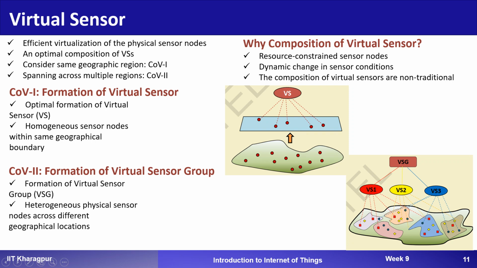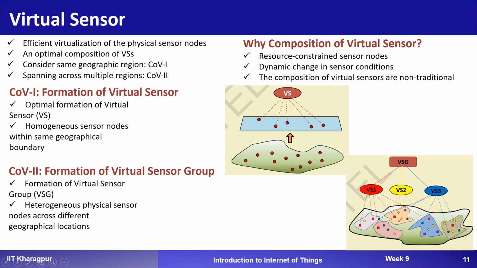The second one is optimal composition of virtual sensors. Optimal composition means if you are going to create a single logical sensor from multiple physical sensors, the challenge is which kind of sensors you are going to take and how many. This is the optimal composition of VS.